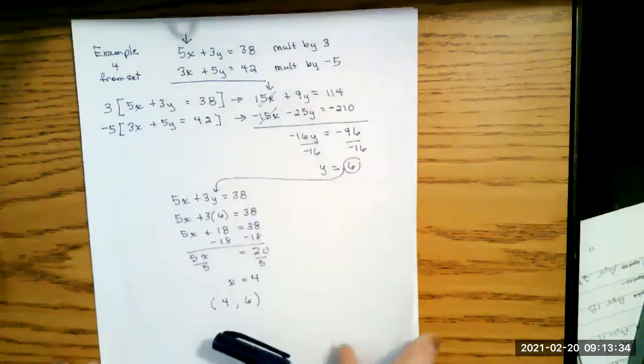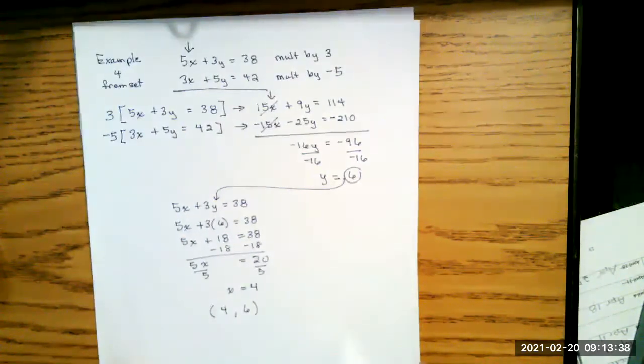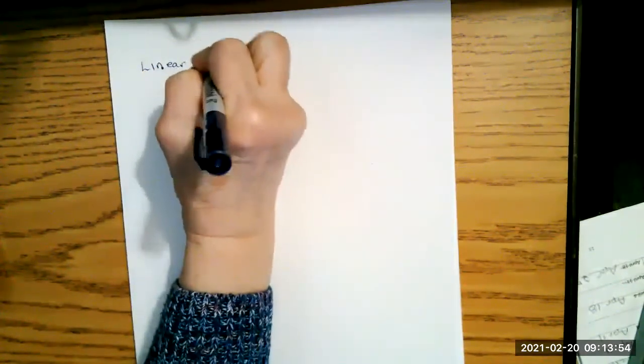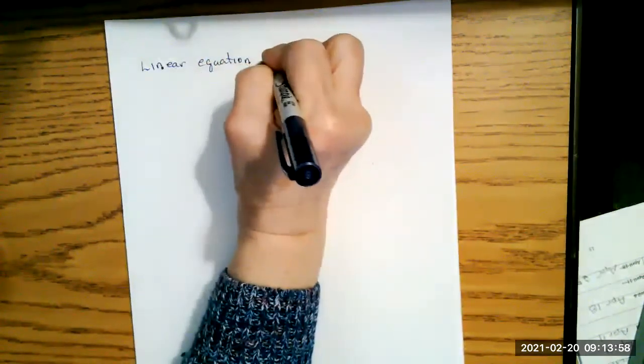Next, they will move to linear equations with 3 variables. We'll have 3 variables in these, an x, a y, and a z. So let's see what these look like. There will be a question that will ask you what a linear equation that has 3 variables looks like.